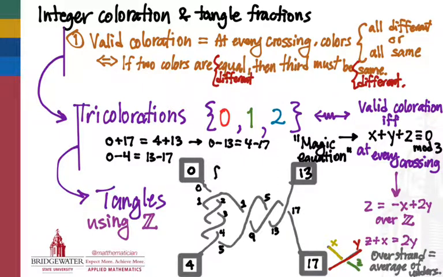So we decided now that the tangle number of this was negative 13 over 4. And so what we've now convinced ourselves is that 13 colors can color the numerator closure of this tangle, whereas 4 colors are sufficient to color the denominator closure.